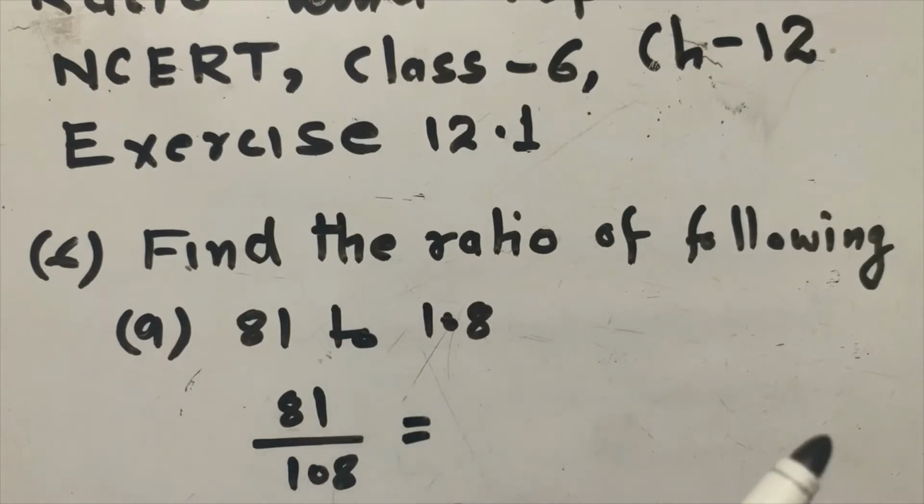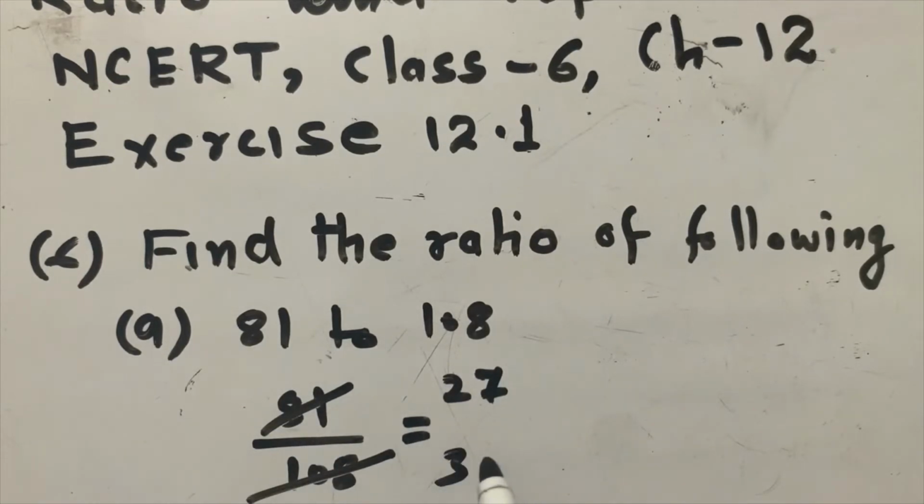Now if we read the table of 3, we get 3 2s are 6, 3 7s are 21, 3 3s are 9, 3 6s are 18.